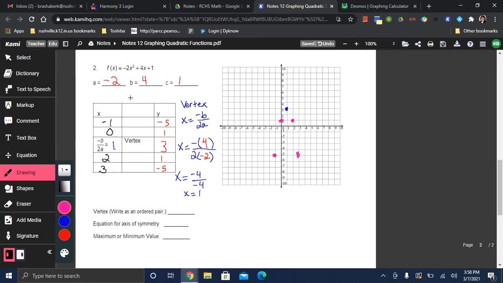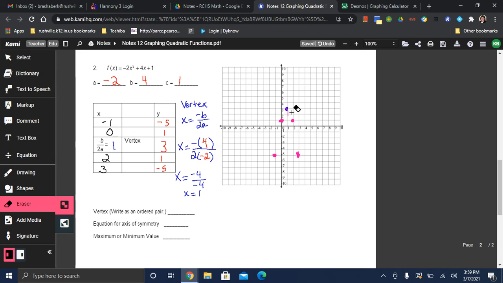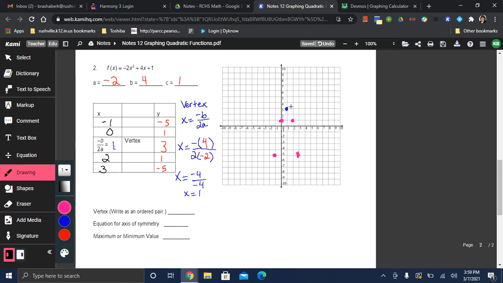After you have your points plotted, then you want to connect them in a smooth curve. And if you mess up, erase it and try again. Want to connect all the points. You want to go through, go past the point.